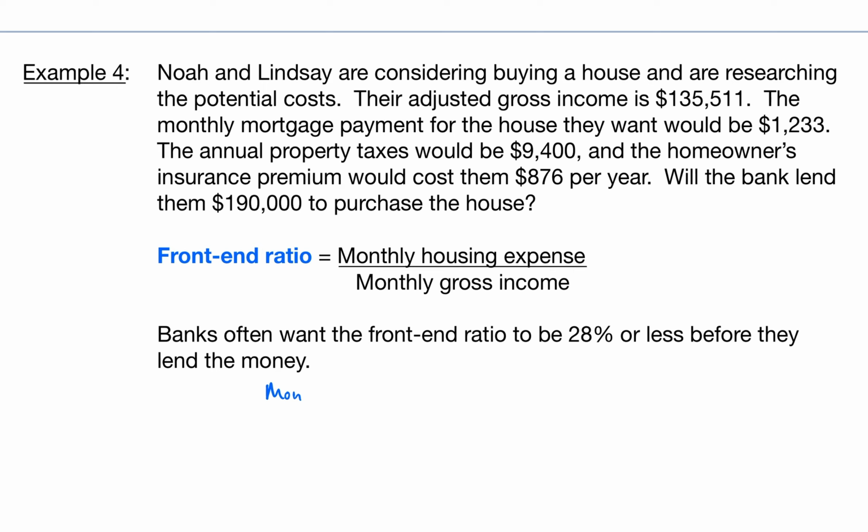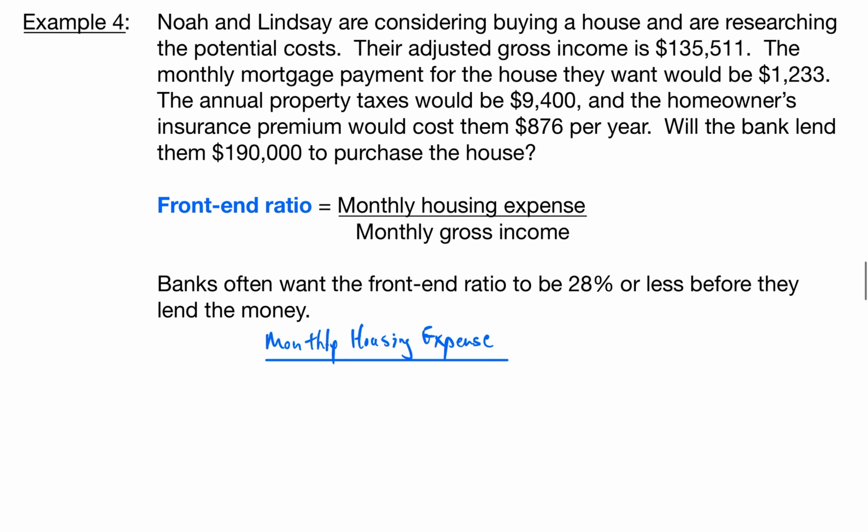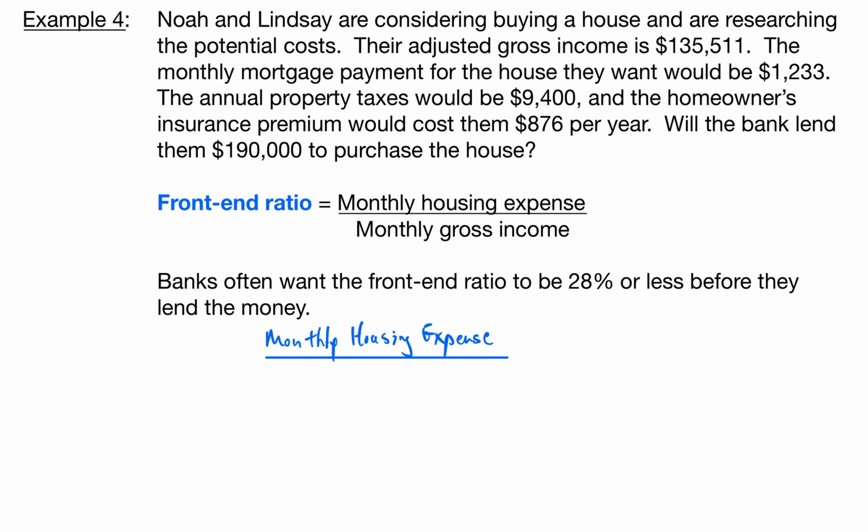All right, so monthly housing expense. So that's going to include their monthly mortgage payment. So this calculation is going to be similar to the previous example. $1,233. This is the mortgage.